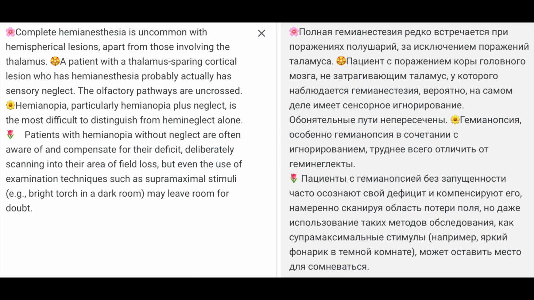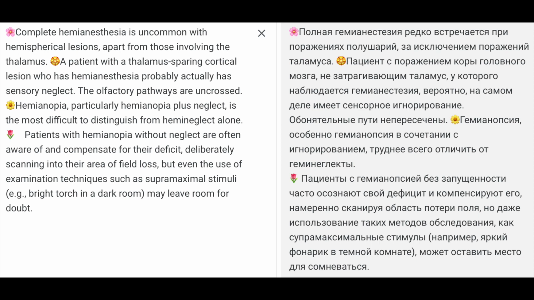Complete hemianesthesia is uncommon with hemispherical lesions, apart from those involving the thalamus. A patient with a thalamus-sparing cortical lesion who has hemianesthesia probably actually has sensory neglect. The olfactory pathways are uncrossed.